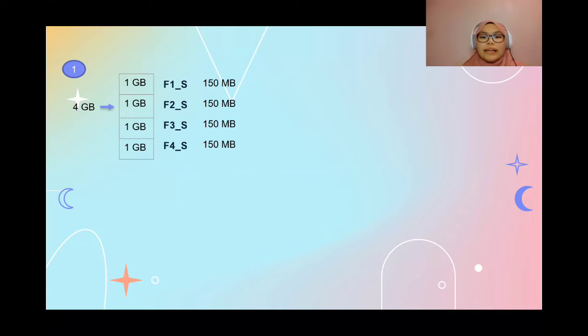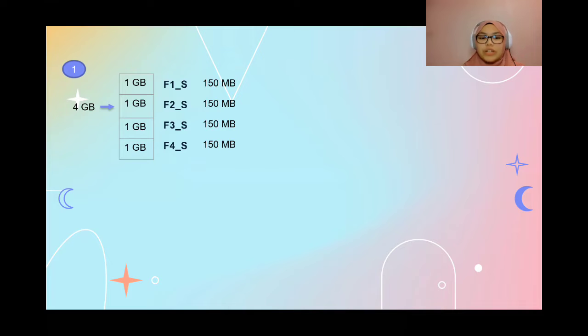So we read 1 GB of data into the main memory and sort it by some conventional method like quicksort. So there will be 4 chunks, from 4 GB divided by 1 GB. I just name them file 1 sorting, file 2 sorting, file 3 sorting, and file 4 sorting.